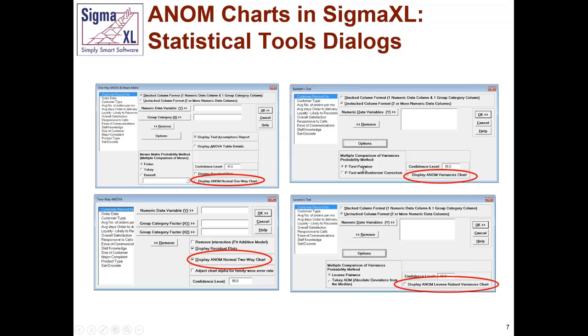Under Bartlett's test for equal variance, you can display ANOM variances chart. And under Levene's test, display ANOM Levene robust variances. Okay, so that just provides some additional flexibility. So either way, via the direct graphical menu or as a checkbox in your analysis, you can access the ANOM charts.